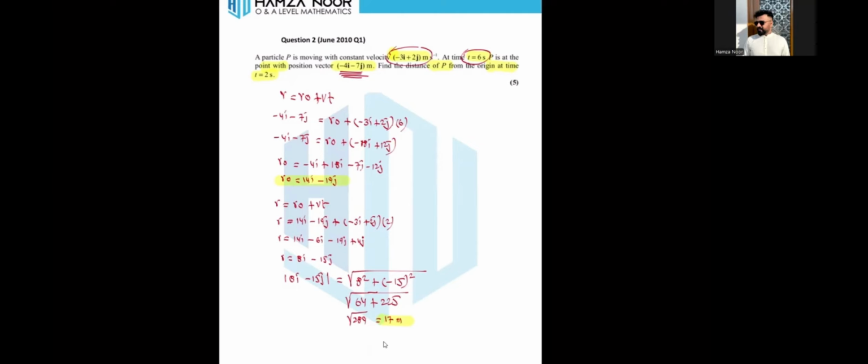After this, we found the position of the particle when t equals 2 seconds, which is 8i minus 15j, and the magnitude of this vector is 17 meters. This is supposed to be your answer. So this was question number 2 of the handout, which is June 2010, question number 1.